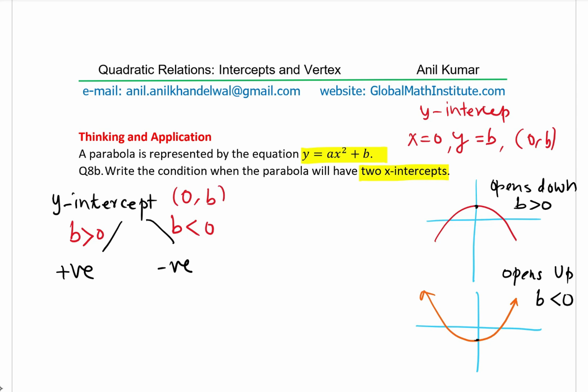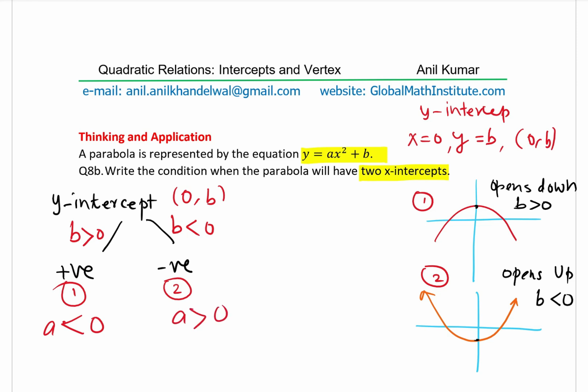If b is greater than 0 means positive, shown in situation 1. This is situation 1. Negative, shown in situation 2. In that case, the value of a should be negative. Do you understand? In this case, a should be positive.